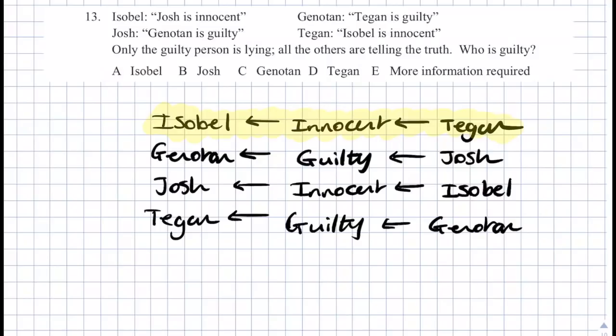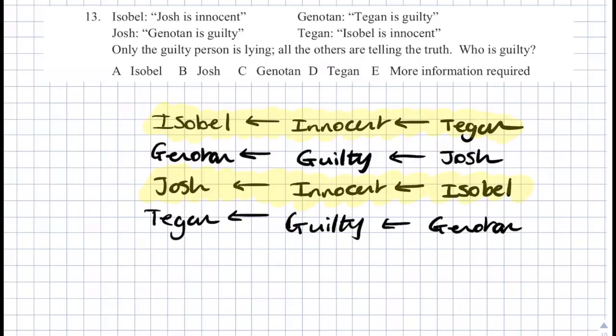Okay, so on that basis, we can then see what Isabel has said. So she has said that Josh is innocent. If Josh is innocent, he is also telling the truth, which could be the case. But I also think Josh is innocent because no one else has said that he's lying. I mean, again, we could find out that Isabel is lying, but we've made the assumption that Isabel is telling the truth. So therefore, we've got to say that Josh is also innocent and he's telling the truth.